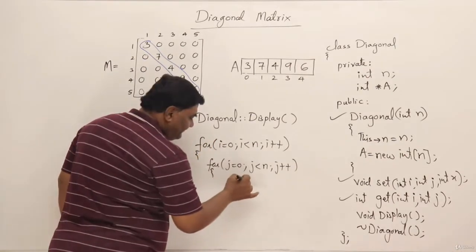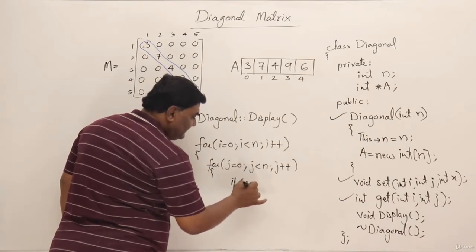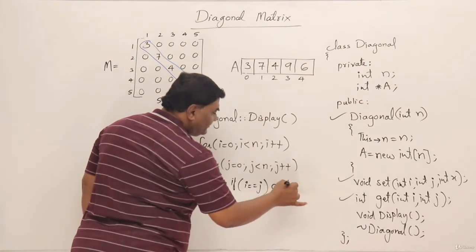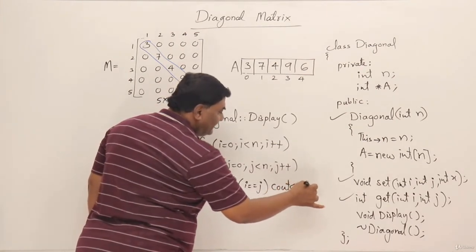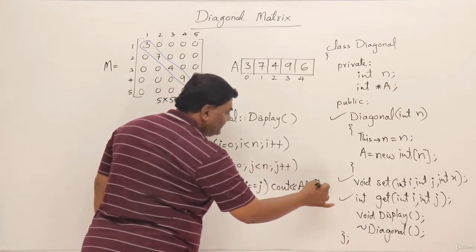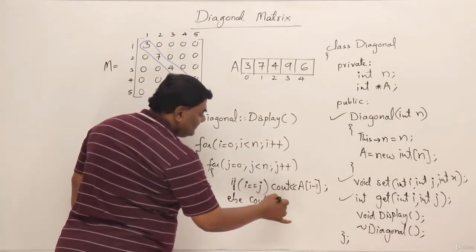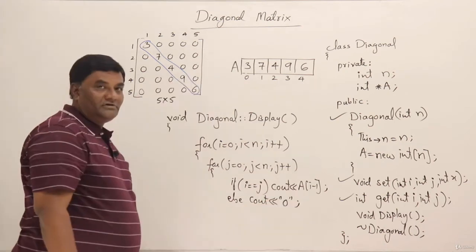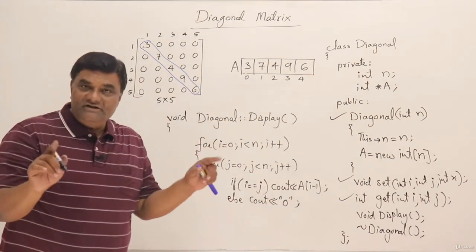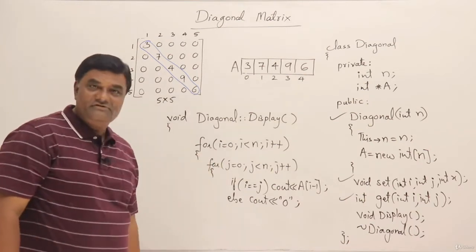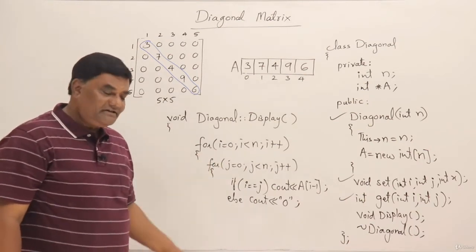Otherwise I should display 0. So if i is equal to j, in the same line I will write cout A of i minus 1. Otherwise cout 0. Whatever you want to display, you have to give it in double quotes if it is not a variable. So I want to display 0, so 0 is given in double quotes as a string.